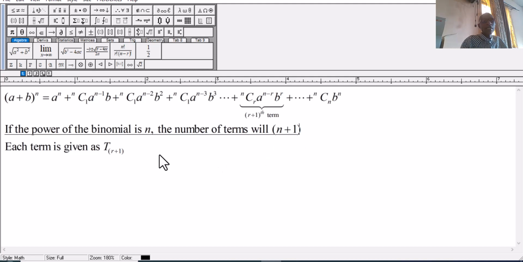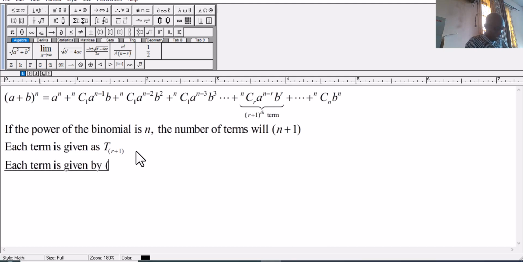So for the term that we are actually asked to find, each term is given by r plus 1. We are asked to find the 19th term in this question.